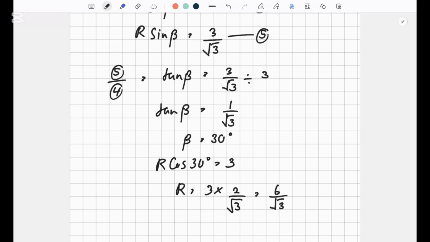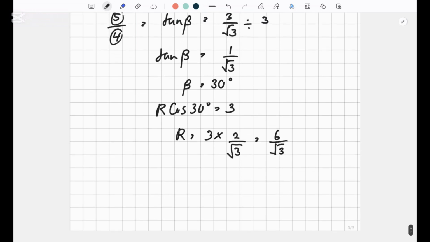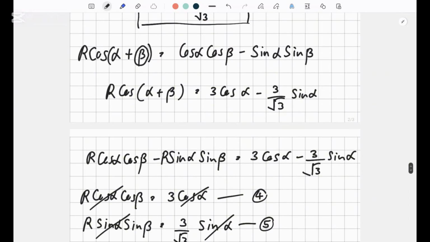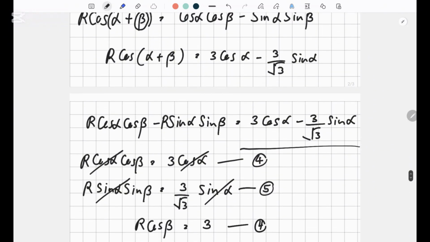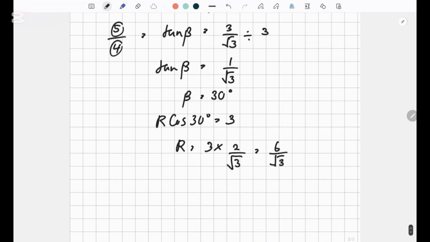So 30. Yep, good. So now you can write, instead of writing this, 6 over root 3 cos(alpha plus 30) gives you 2.